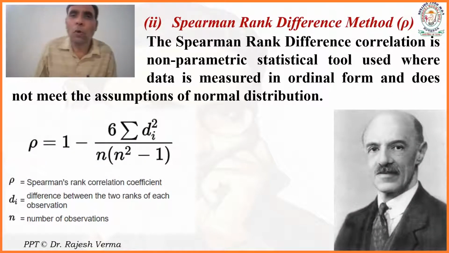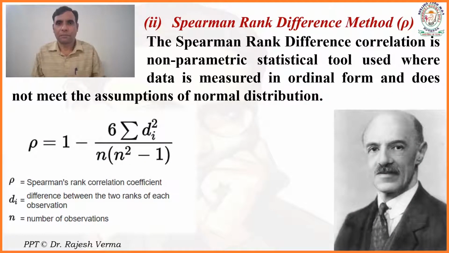Now, the second most commonly used correlation method is the Spearman rank difference method. That is represented by rho, a Greek letter that looks similar to the italicized English letter p. The name Spearman stands for the psychologist and statistician who developed this method.